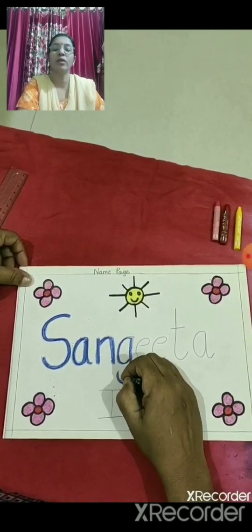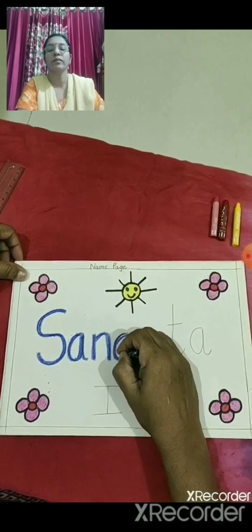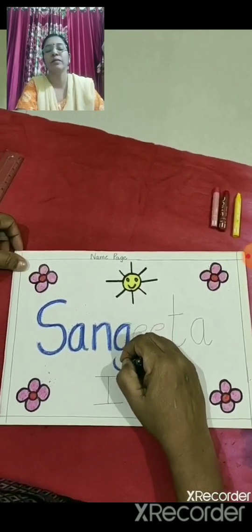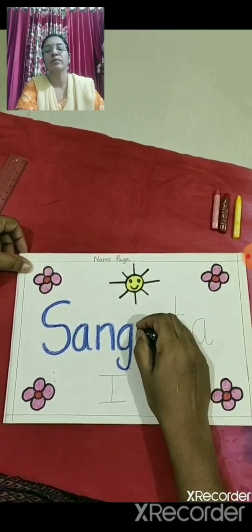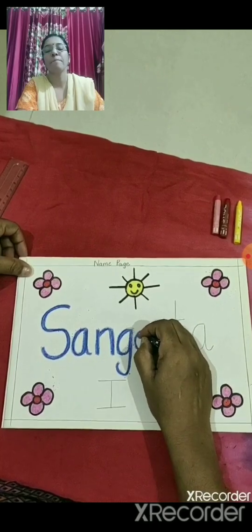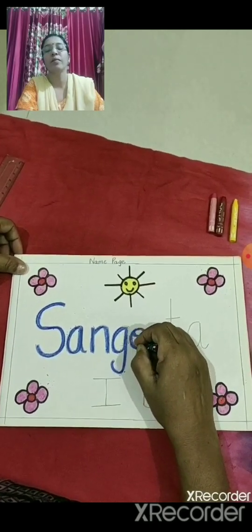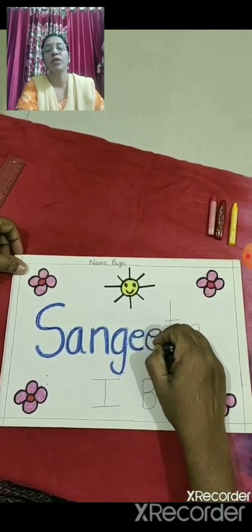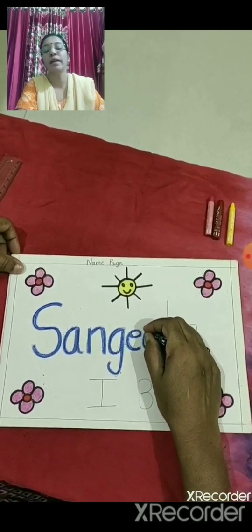Thick outline. Then only your name will be seen. Yes, good. Yes, now we are going to finish. We are about to finish coloring the name.